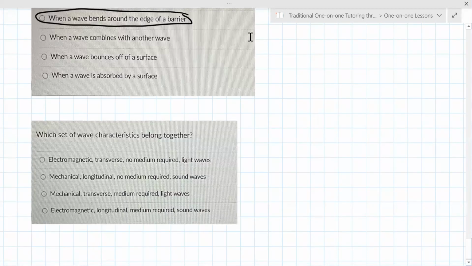Which set of wave characteristics belong together? This is a great question that I'm not sure of. Let me just check here. This is one of those where it's probably in multiple sections of your textbook, because it's combining them, or there's a summary.